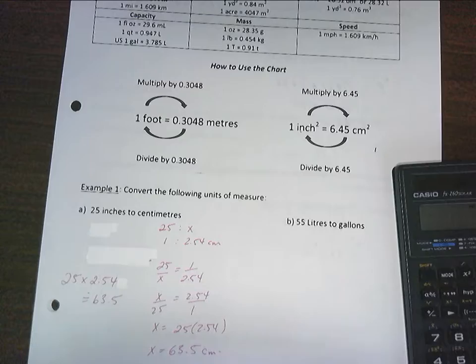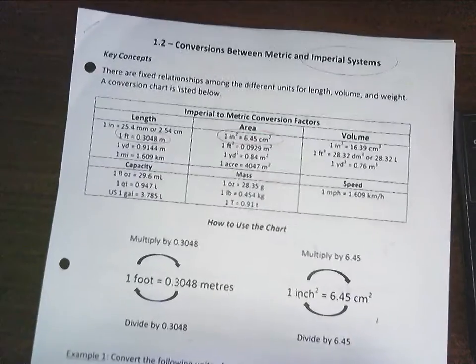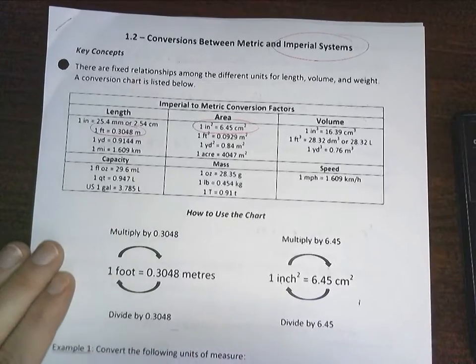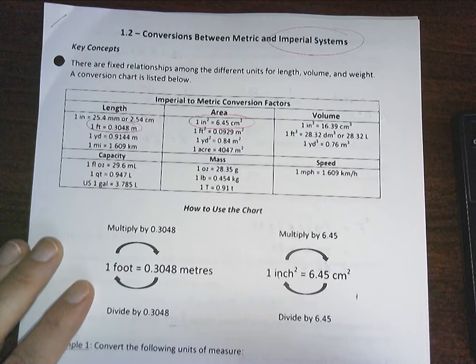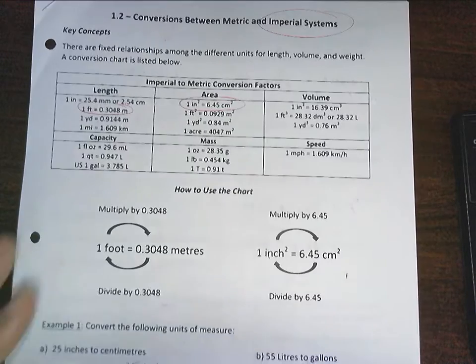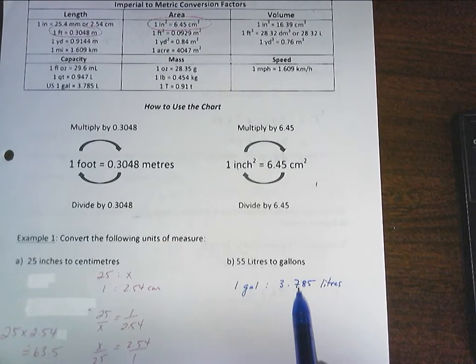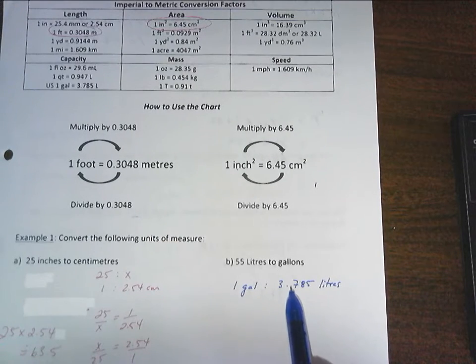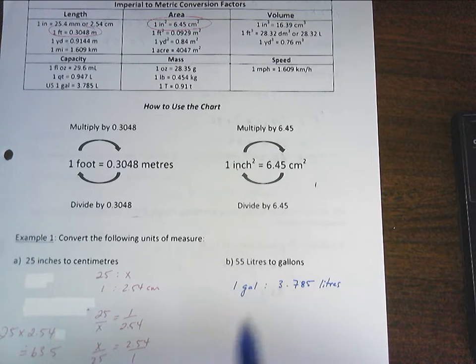So let's look over here. We've got liters to gallons. So looking up here, 1 gallon is to 3.785 liters. Just under 4 liters there. So if I've got just under 4 liters and 4 liters goes to 1 gallon, then what I'm going to be doing is taking this 55 and dividing by that.